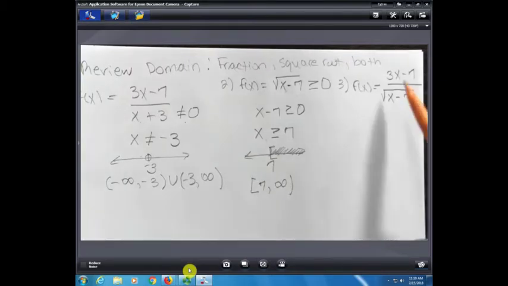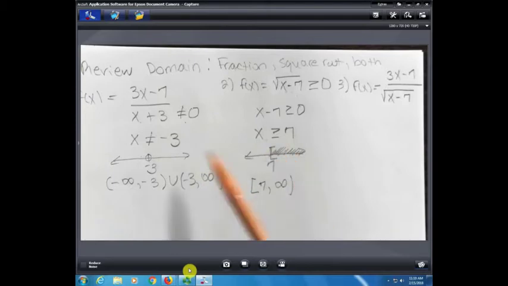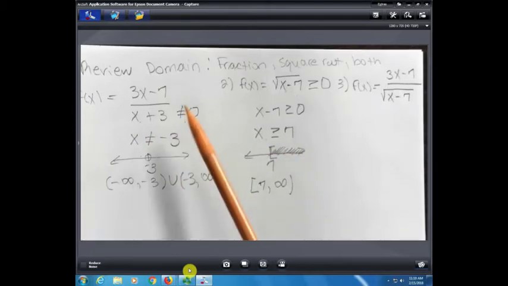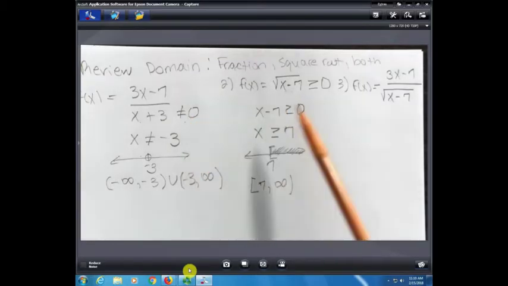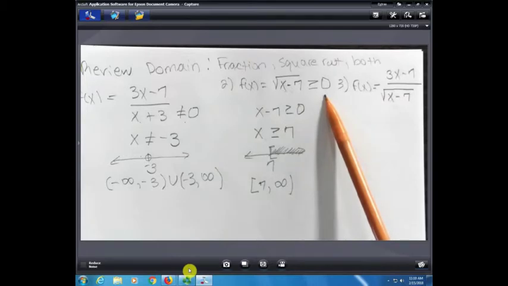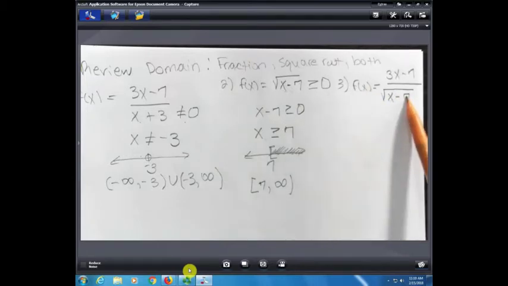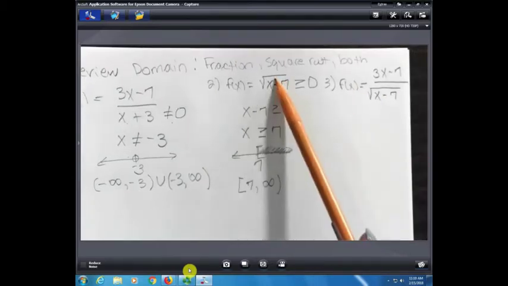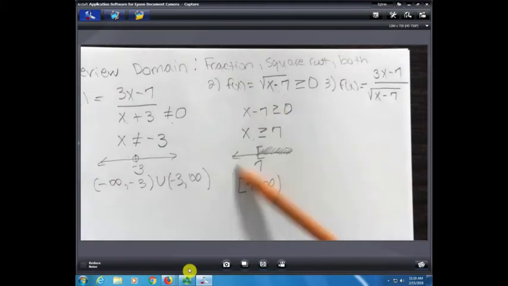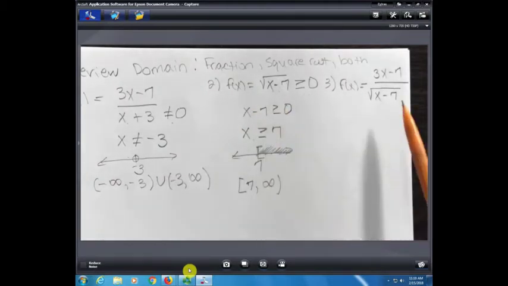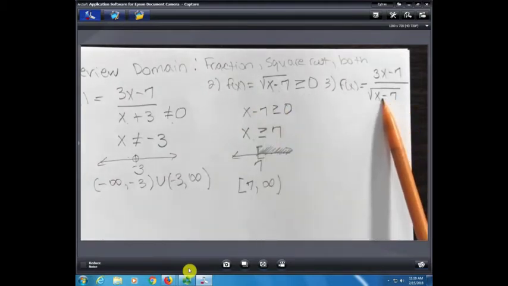Now, since this is a combination of both, my domain will be a combination of both. We know we cannot equal 0 at the bottom, and we know that my square root needs to be positive. Now, if I take the square root of x minus 7 and place it in the bottom of my fraction, what's going to change in this domain? Can I equal 7 over here? No.